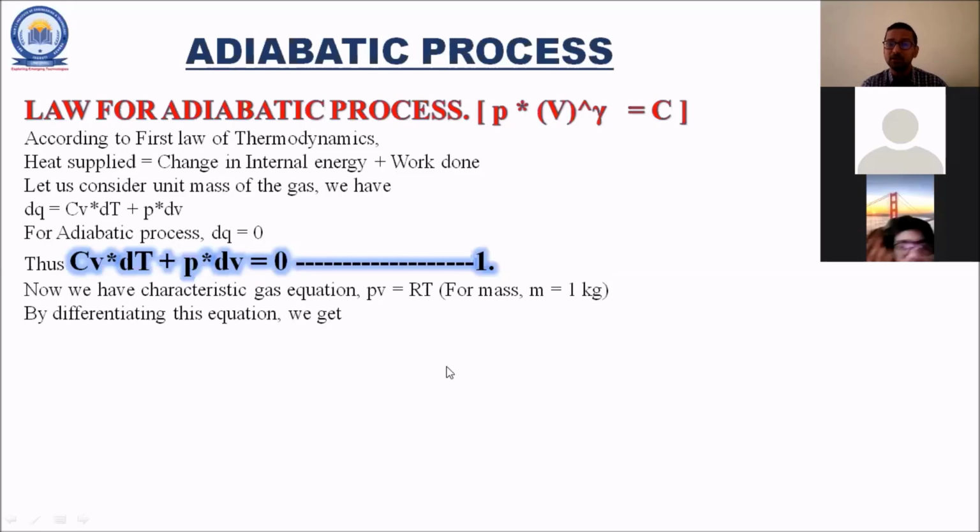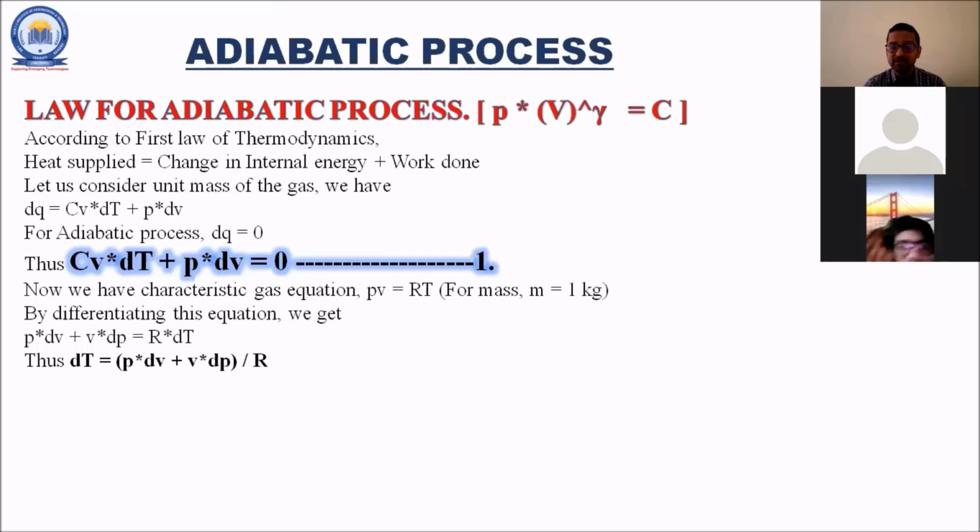I hope you remember, but in this case we are not having any x, so we will be eliminating that term of x, and finally we are getting this answer on differentiating the characteristic gas equation: P into dV plus V into dP is equal to R into dT. I hope you have understood up till this point. So from this equation, now I will be getting the value of dT. So dT is equal to (P into dV plus V into dP) divided by R.